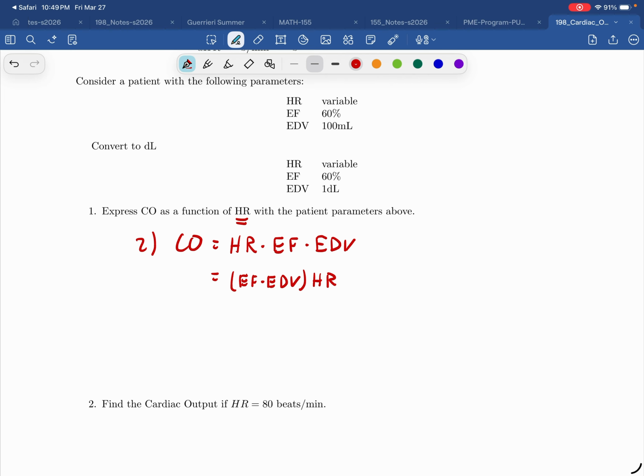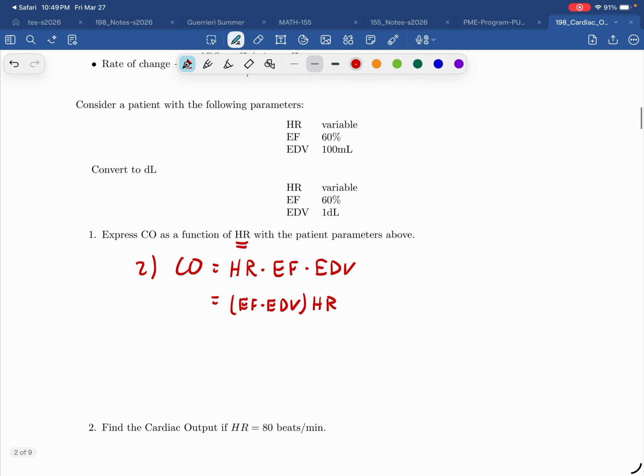Just noting that they give you these parameters in milliliters, and they say they actually want you to convert it to deciliters. If you think about it, a milliliter is 1/1000th of a liter, and a deciliter is 1/10 of a liter.